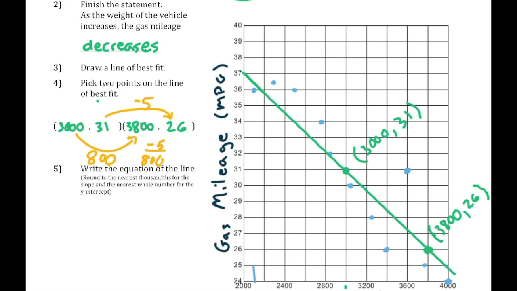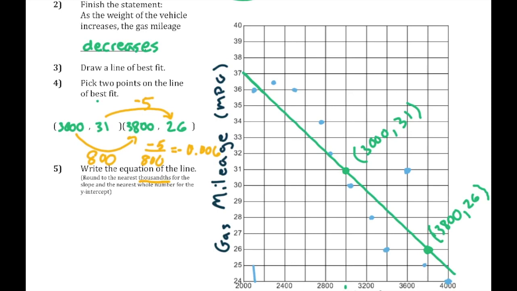So negative 5 over 800, which if we put that in our calculators, we'll get a decimal. And we're going to round that to the nearest thousandths, just because down here it says round to the nearest thousandths for slope. Okay, and that's going to be a negative 0.006. So negative 0.006.